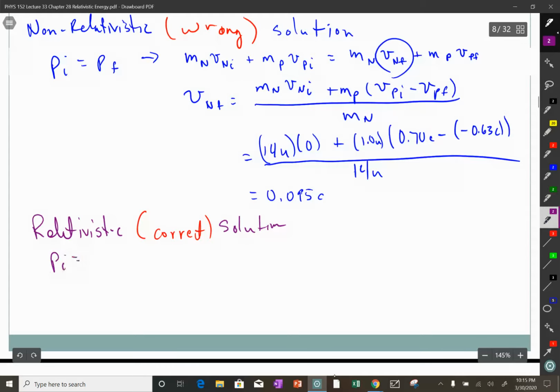Momentum initial equals momentum final, because in relativity, all of our laws of physics still work the same. So as long as we use the right equation for momentum, it's going to be correct.